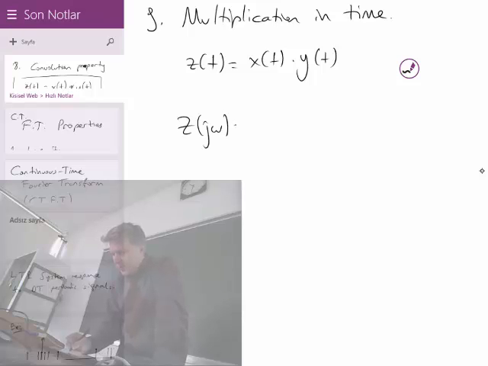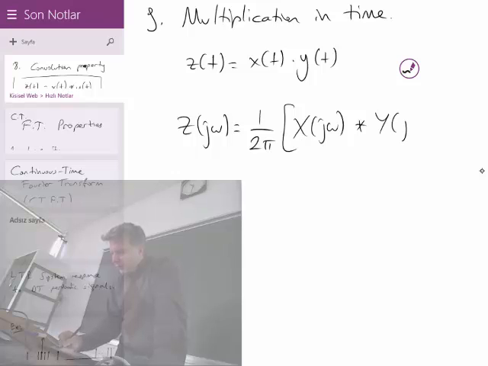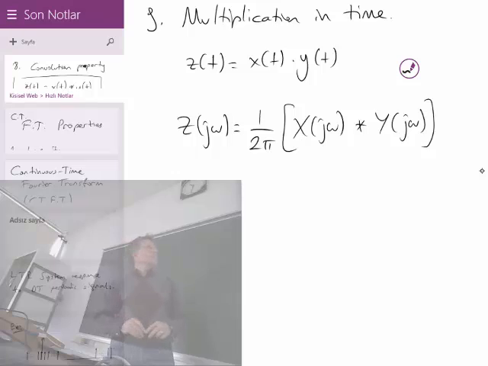Capital Z of j omega will be equal to 1 over 2 pi, that's a scale coming from the duality, x of j omega convolution with y of j omega. So you have to apply the convolution this time in the Fourier domain.